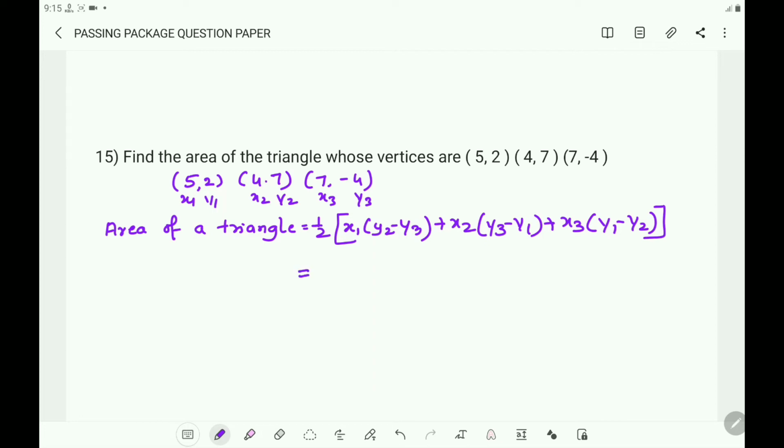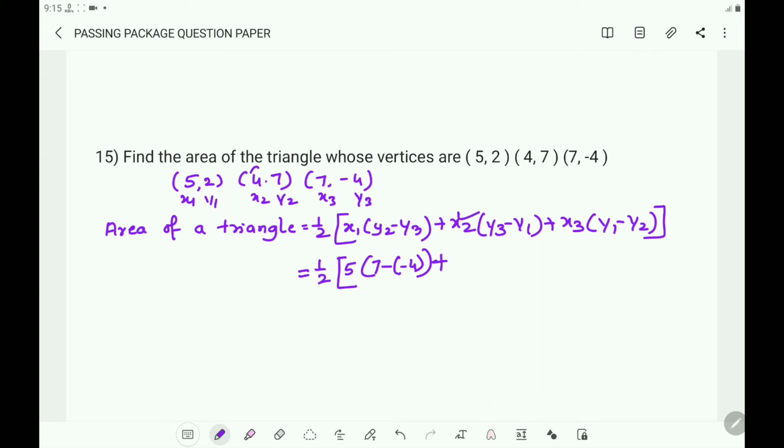That equals 1 by 2. x1 is this one. So you write 5. And y2 is this one, that is 7, minus y3 is minus 4, like this way, plus you write, plus x2.